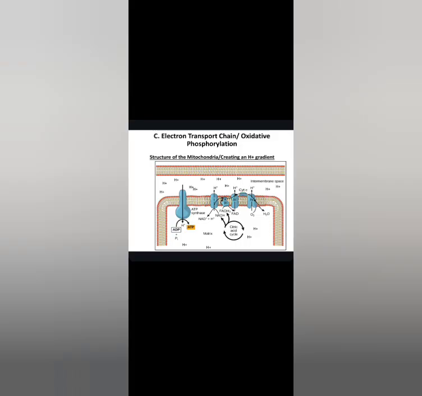ATP synthase is basically a channel that allows hydrogen ions to move down their concentration gradient. When hydrogens cross, ATP synthase turns like a motor, like a windmill, creating energy that is used by the enzyme to catalyze the phosphorylation of ADP into ATP.